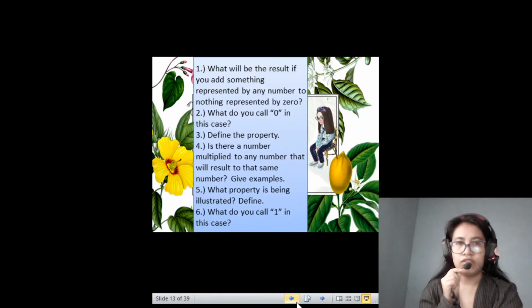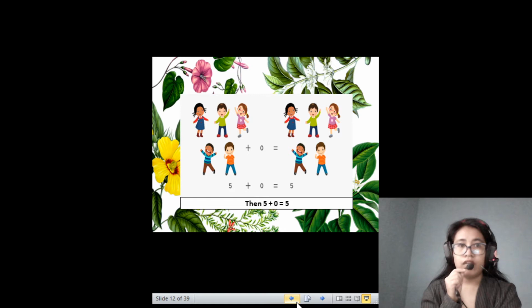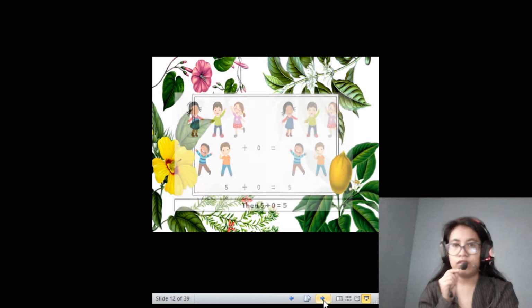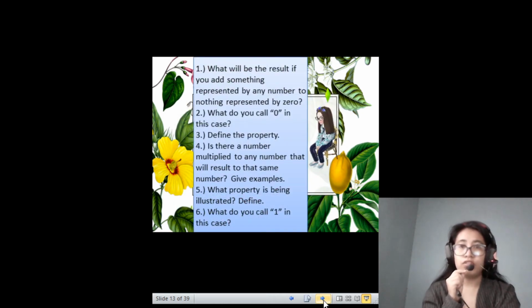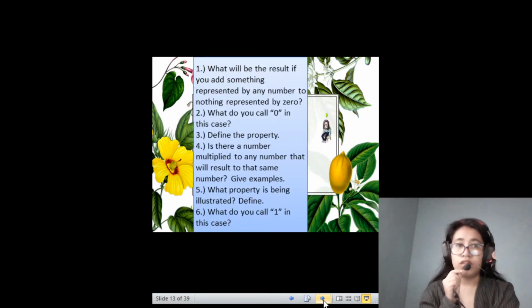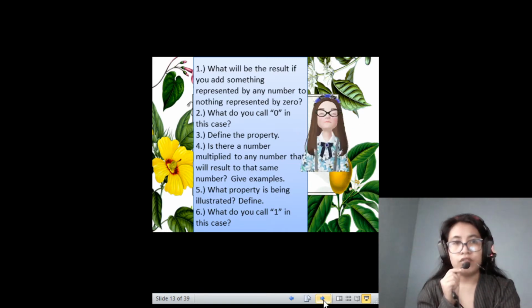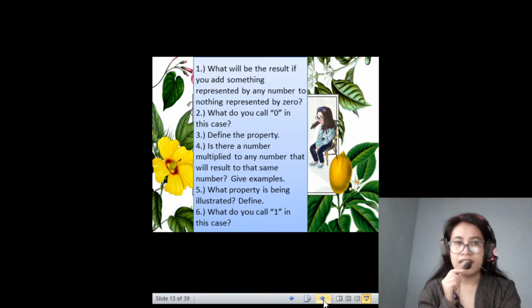Another illustration: if I have 5 kids plus nothing to add at all, the answer will still be 5. And the questions for that illustration are these. First, what will be the result if you add something represented by any number to nothing represented by 0? What do you call 0 in this case?